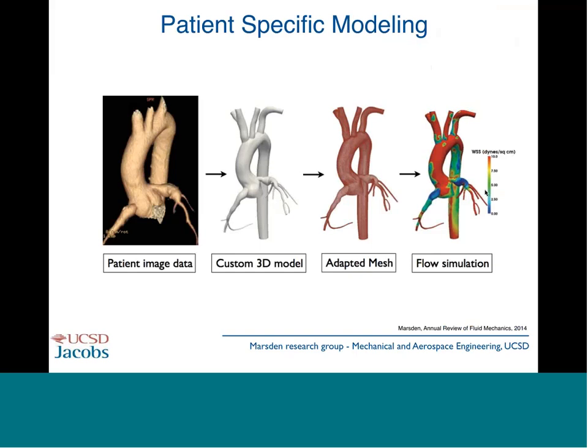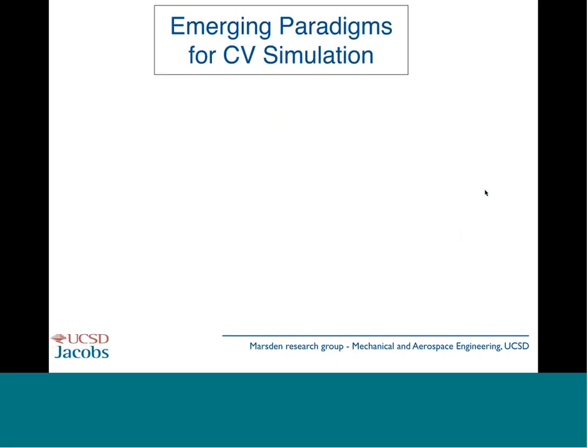We then use an unstructured mesh to create a geometric mesh, and then we run specialized flow simulations using appropriate boundary conditions to model the circulatory physiology. So this is a process we can keep in mind as we go through the rest of the talk.